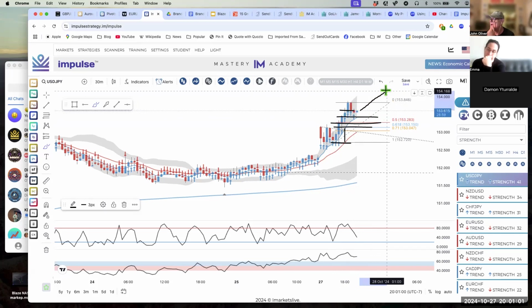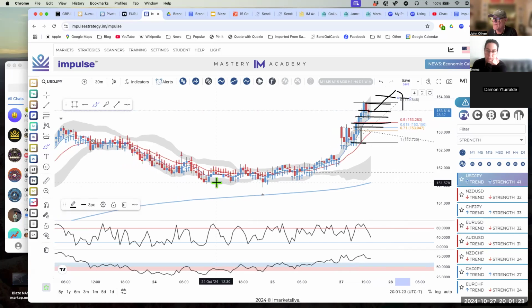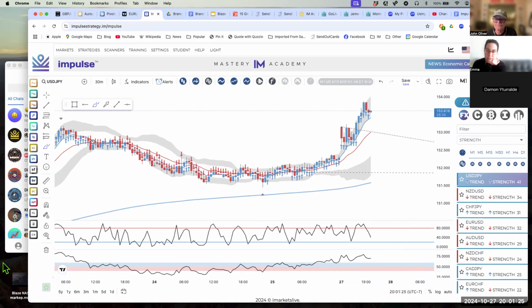As this shoots up and up and up, I'll keep moving my stop loss. And eventually what's going to happen is price is going to come down, hit my stop loss, and then I'm out with all that profit. So that's how you maximize your profit on these trades when they're running. Does that make sense?